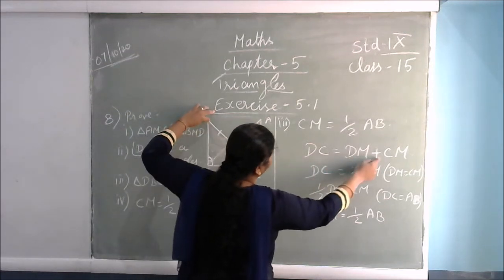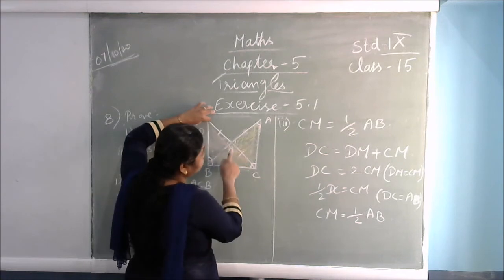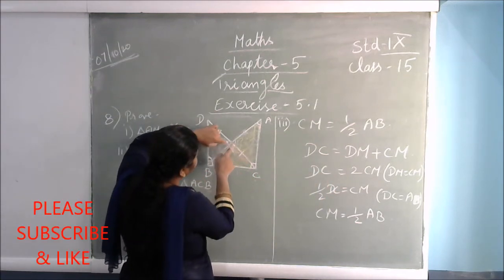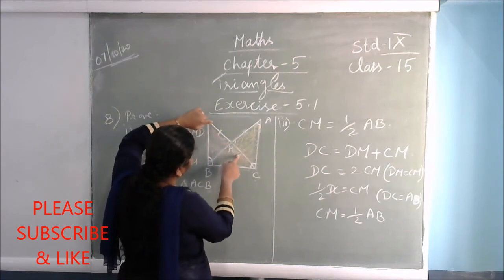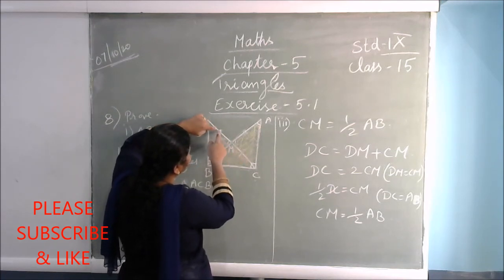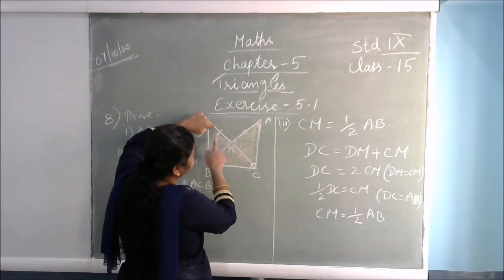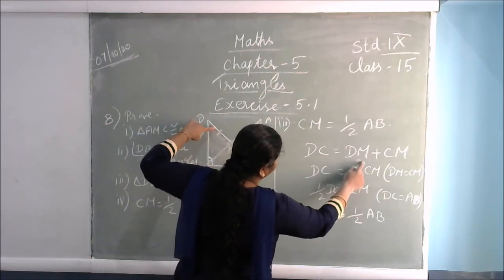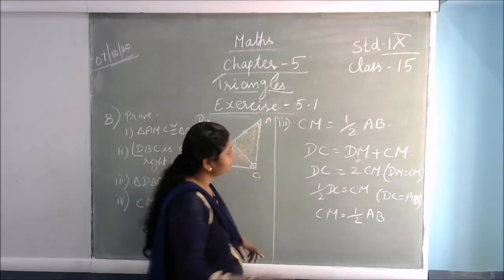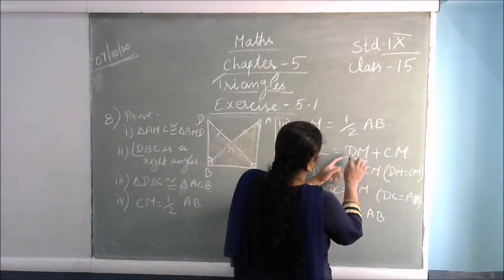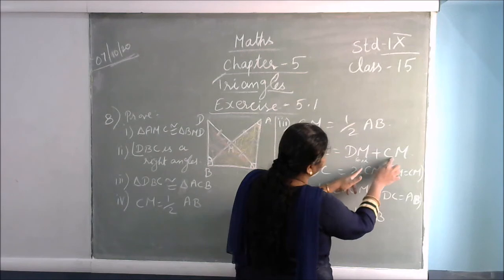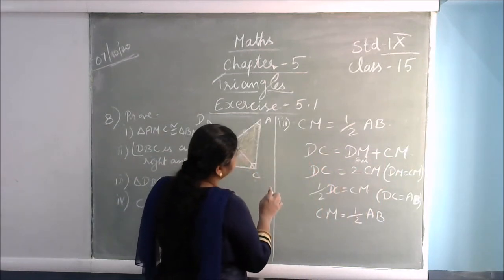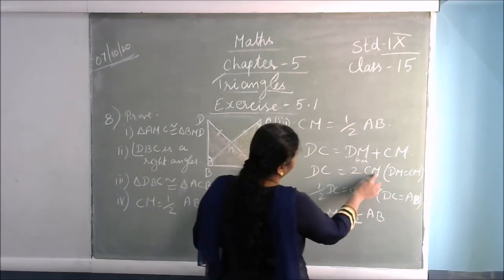That's why I wrote DM plus CM here. So now DM and CM are equal. In the question only, they have given that this side and this side are equal. That's why instead of DM I wrote CM again here. So DM will become CM. So CM plus CM is 2CM. So DC is equal to 2CM.